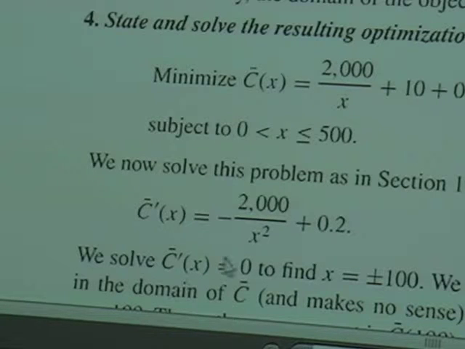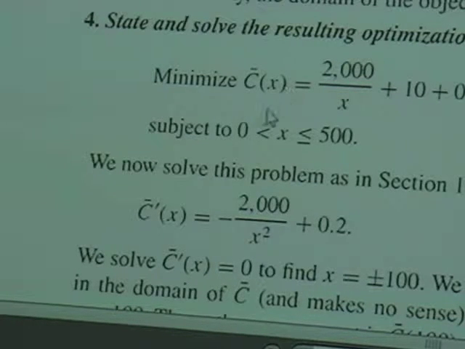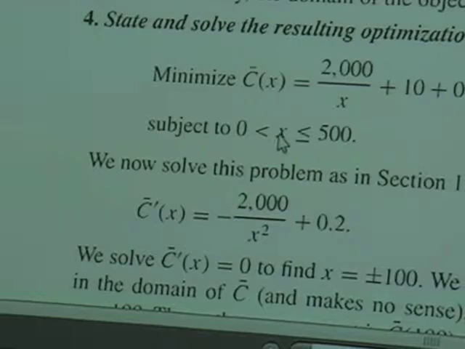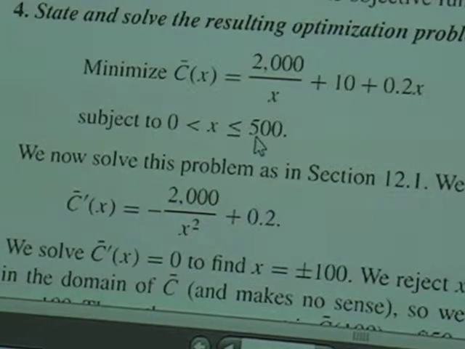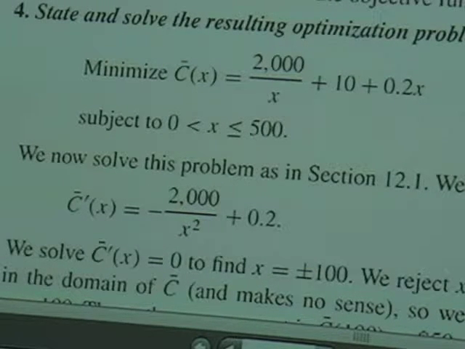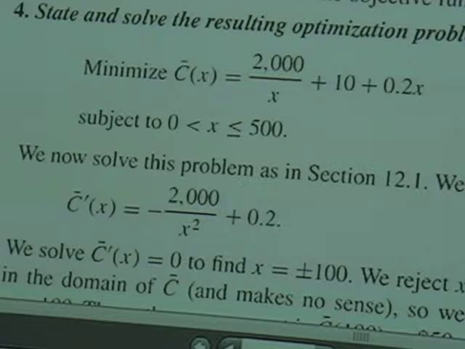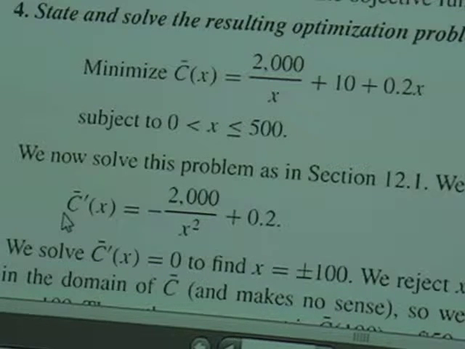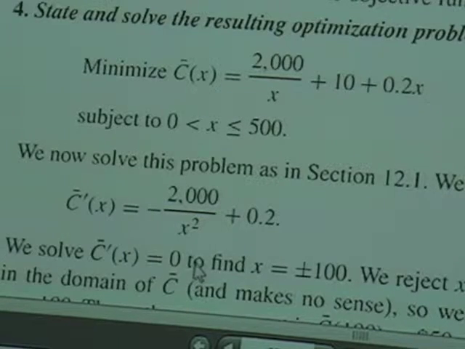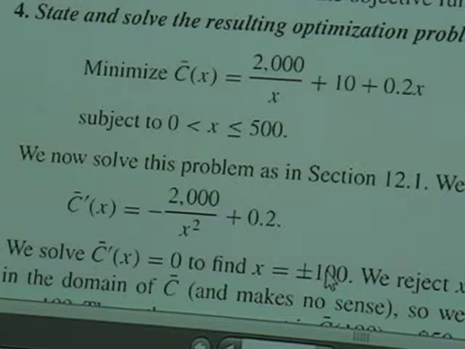Okay. So this is the actual domain, right? X has to be between 0 and 500. So x equals negative 100 is not in that domain, so we reject that. Now we're only left with one answer to where the derivative is equal to 0, and that is x equals 100.